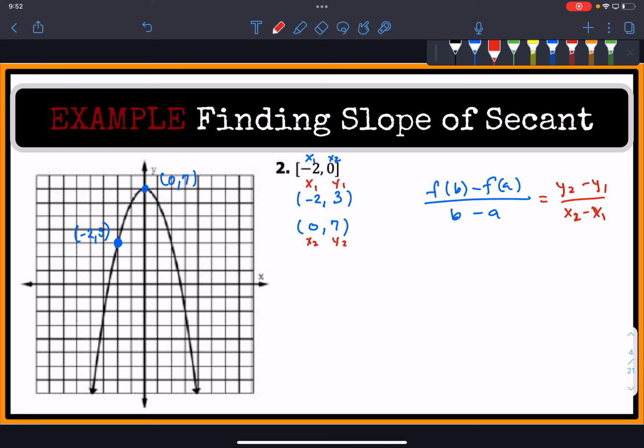Simply using that format and that idea related to what we've done in Algebra 1, we can figure out the slope of the secant, the average rate of change between those in that interval, by subtracting 7 minus 3 in our numerator and 0 minus -2 in our denominator. So we end up with 4 over 2, which is equal to +2. So this is the slope of our secant line.